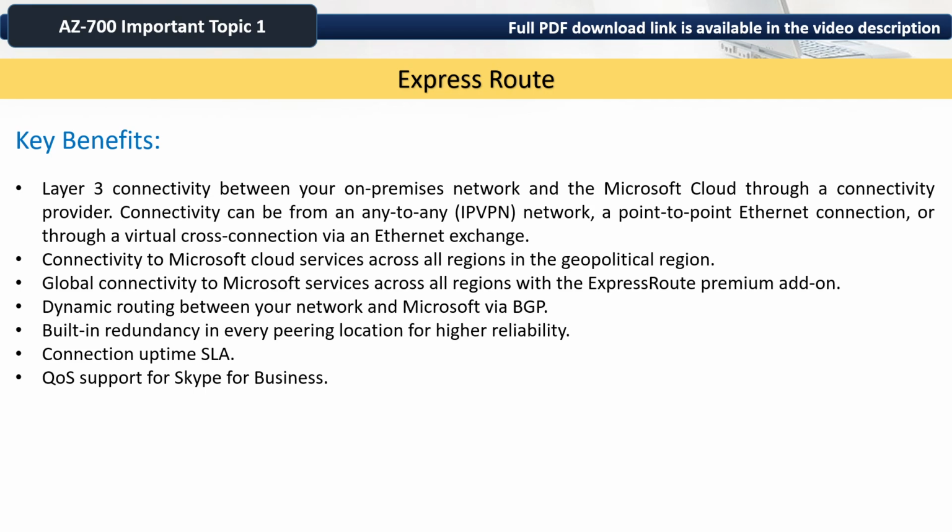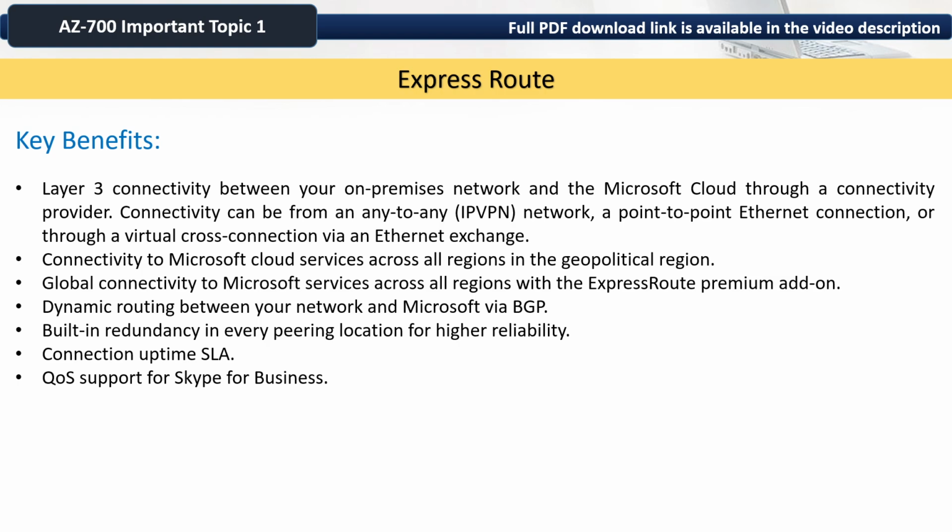About its key benefits: Layer 3 connectivity between your on-premises network and the Microsoft cloud through a connectivity provider. Connectivity can be from an any-to-any network, point-to-point Ethernet connection, or through a virtual cross connection via an Ethernet exchange.